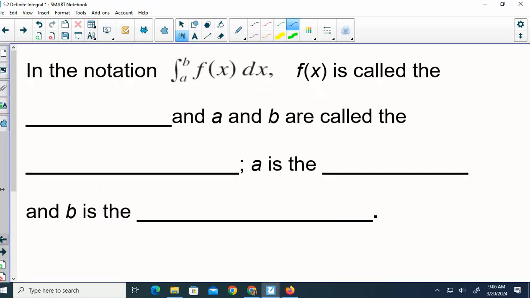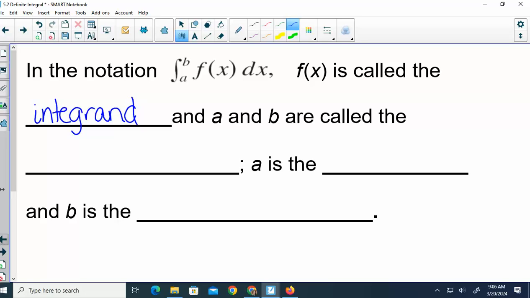If we can find that, we say something is integrable. So we'll be talking about that a lot. So just notation things. The f of x, the function that we are integrating, is called the integrand. So the integrand is the thing we are trying to take the integral of, or it's the function we're finding the area under.